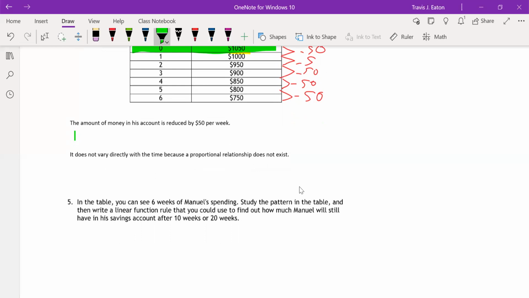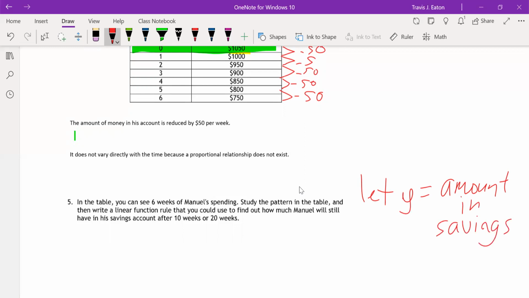So we're going to let y equal the amount in his savings, and we'll let x represent the number of weeks.